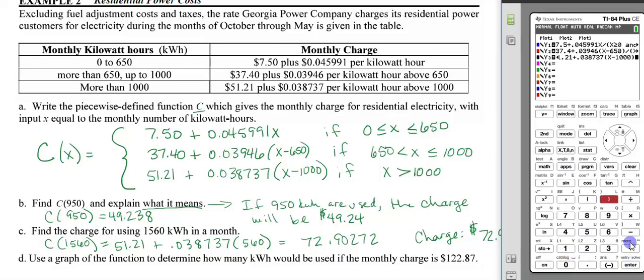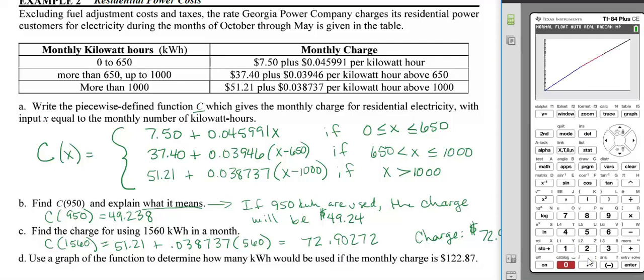Okay, and our slash to show we're going to start conditions here. X strictly greater than 1,000. Okay, and let's see, we'll do another zoom fit so you can see all that going.